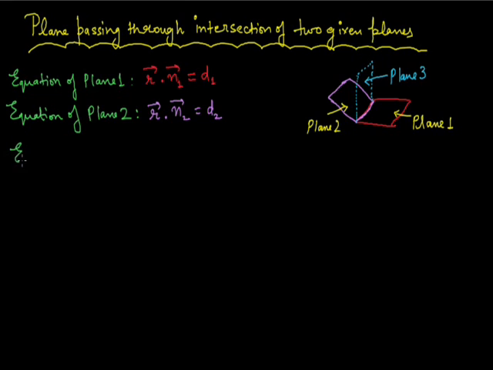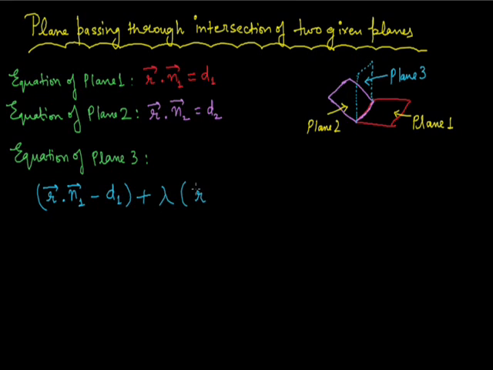So the equation of plane 3 is given by r vector dot n1 vector minus d1, that is the equation of plane 1 taking everything on LHS, plus lambda times r vector dot n2 vector minus d2.